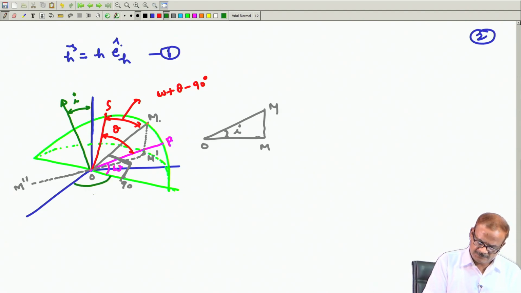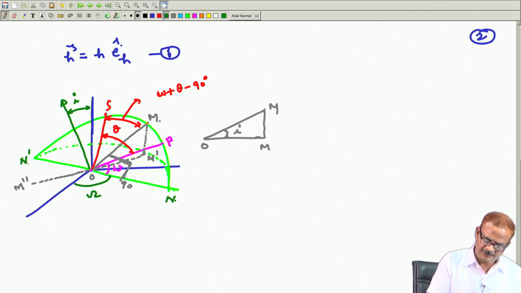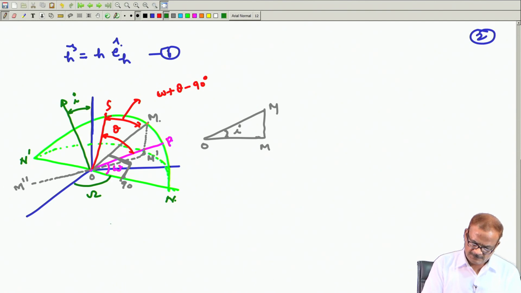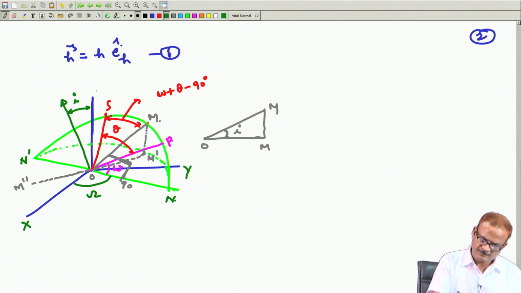This angle is from this place to this place, this is capital omega, this we have written as n, this as n prime. Okay.